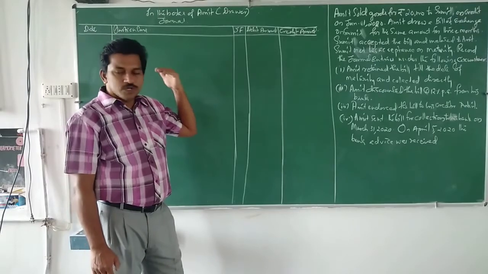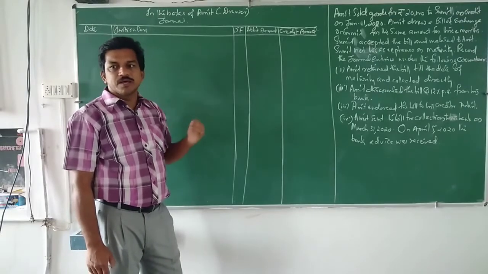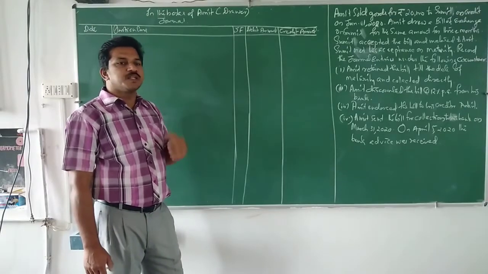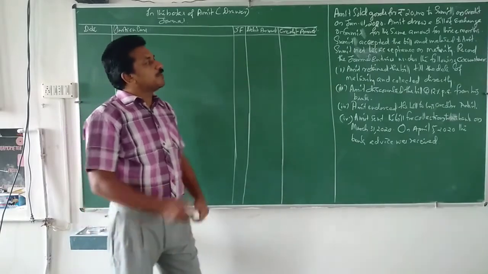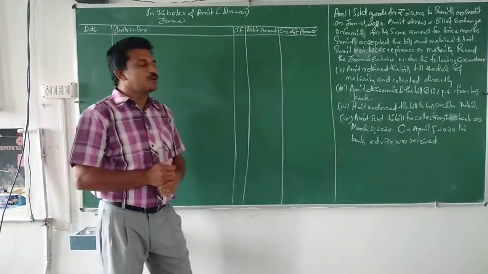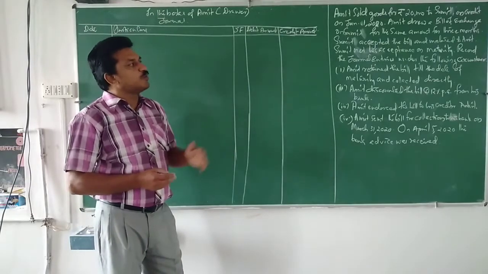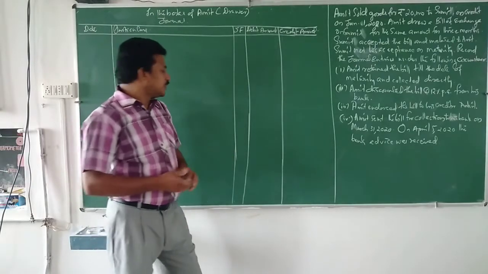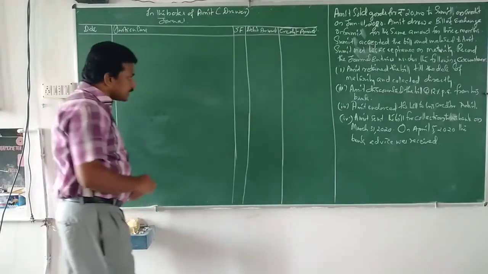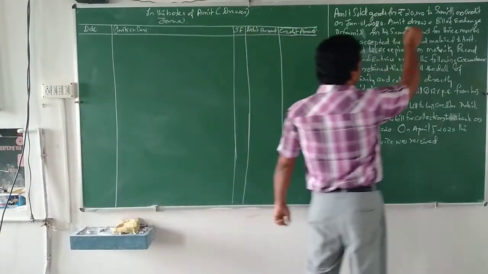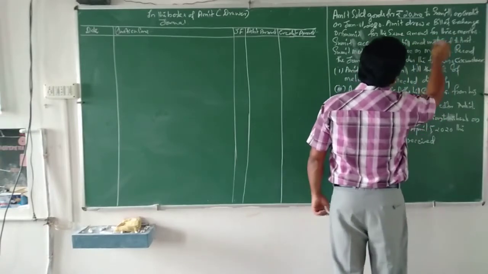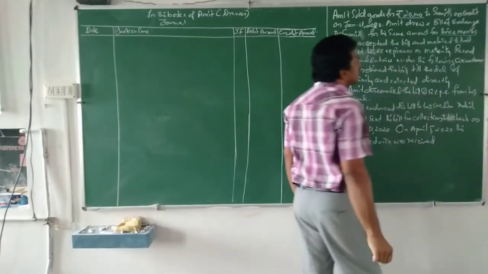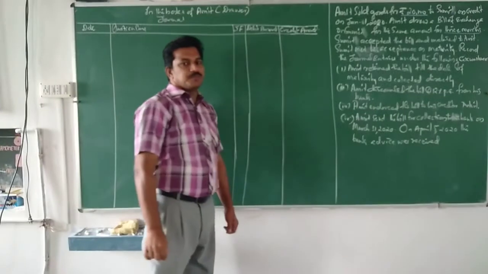Amit sold the goods on credit, so who will prepare the bill? Amit will prepare the bill and Sumit will accept it. Amit drew a bill of exchange on Sumit for the same amount for 3 months. So here the sale amount is 20,000 and the bill is drawn for the same amount for 3 months.